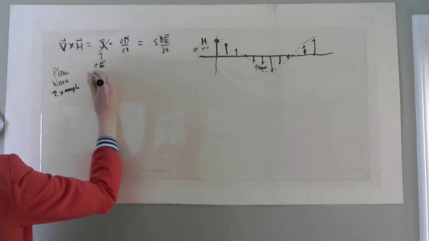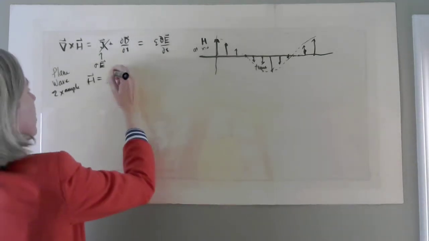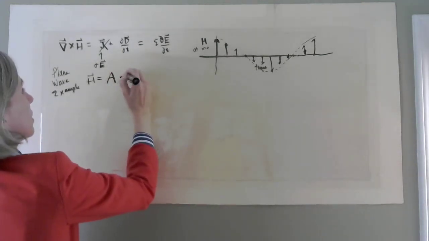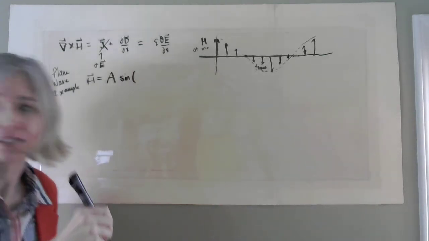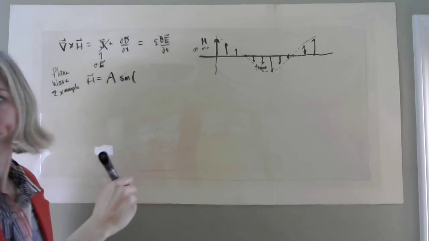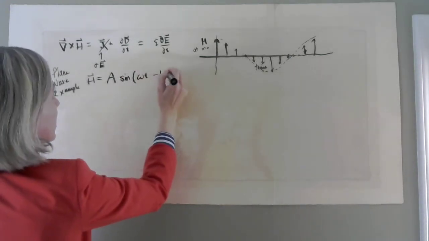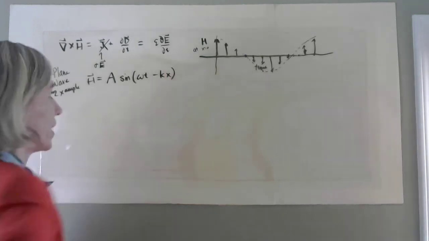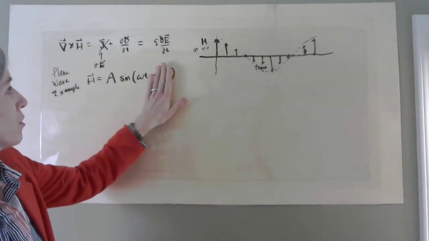H is going to be some amplitude, A, sine, and we've got to have both x and t parts in there: omega t minus kx. And now we can look at this expression, and we can see that if we set x equal to 0, we can ignore this part.